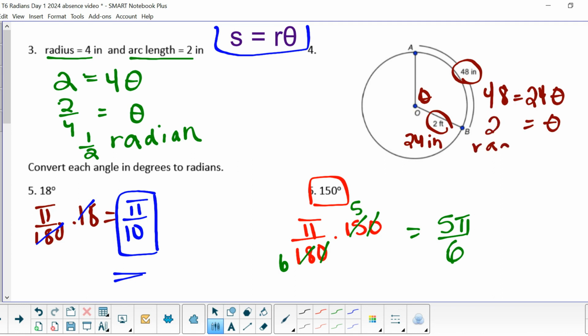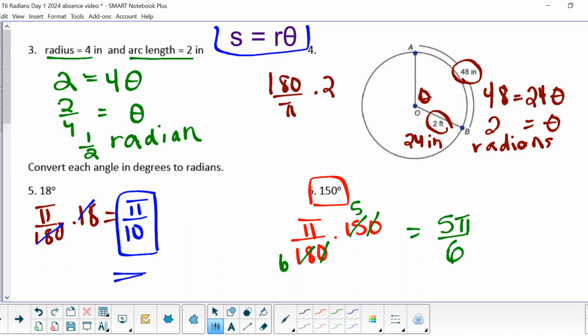Well, if I wanted to know what that was in degrees, which remember we kind of talked about a little bit ago when we did the picture of where 2 radians would land, you could just kind of approximate it in your head even. But if we want to actually find the actual degrees, then you're going to do the formula in the opposite direction. So you're going to do 180 over pi times 2.